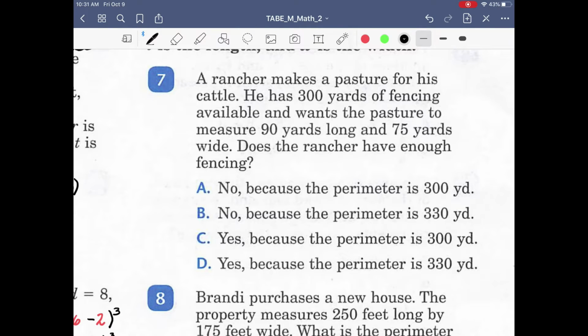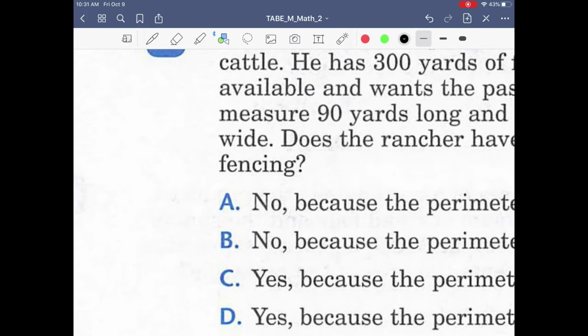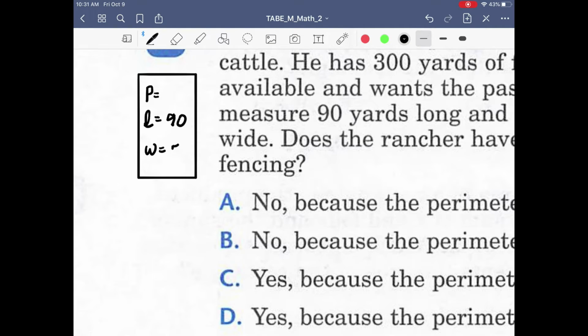I am going to show you how to do the formula, but first I want to walk you through a common sense approach to this one. So we want to set up our variables of P, L, and W. Length is 90, width is 75.